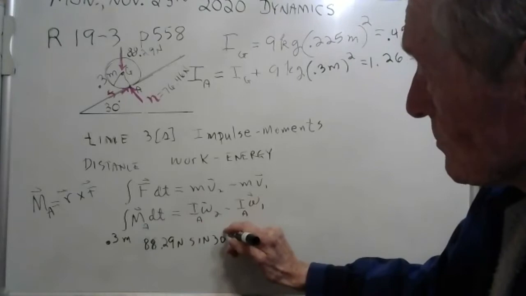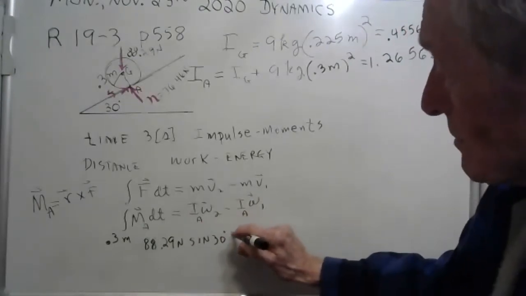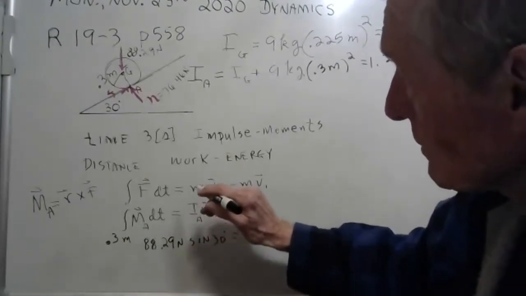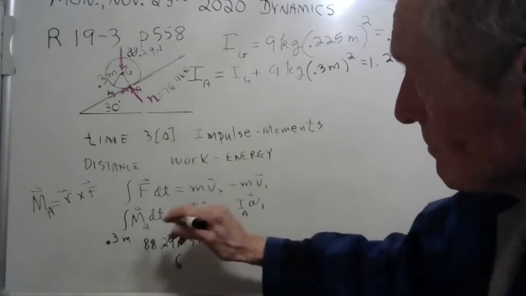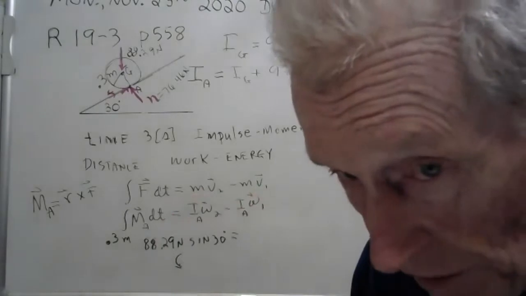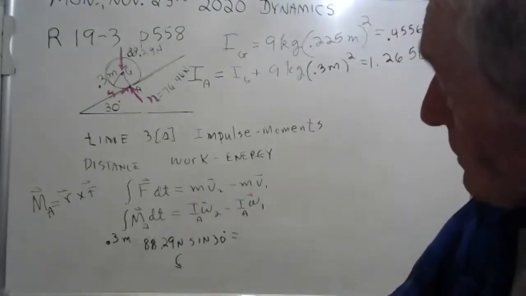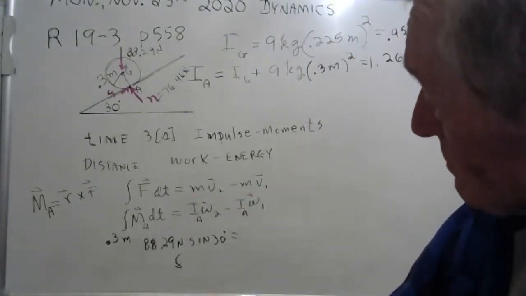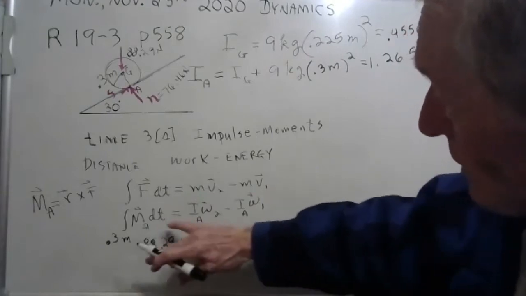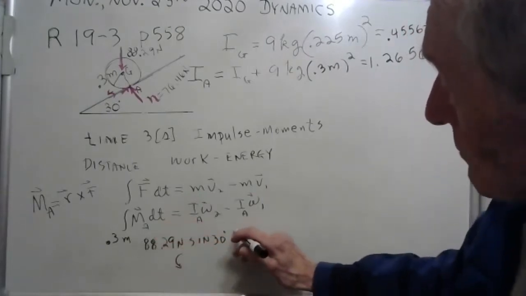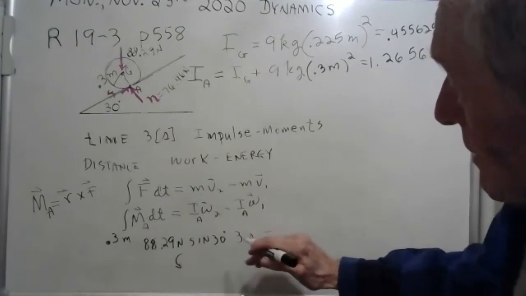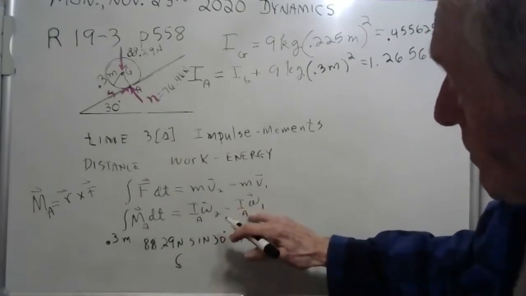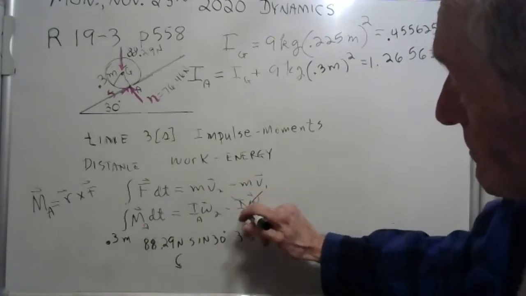Now, if you don't understand that, just speak up. Now what that is a clockwise moment. No, it's counterclockwise. And what that's going to equal is, wait a minute, I forgot my time. I have to multiply by 3 seconds. Now this was 0. It started at rest, so we don't need that.